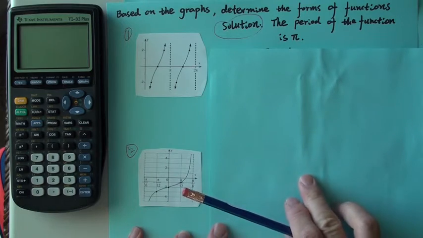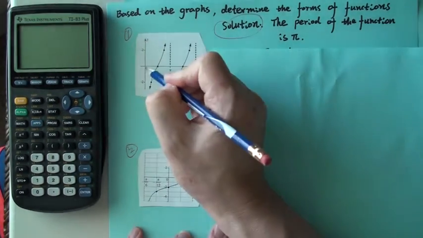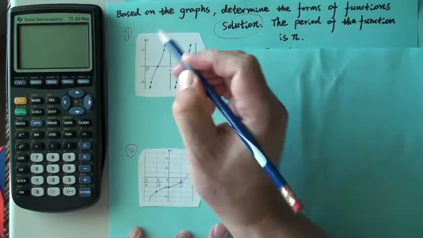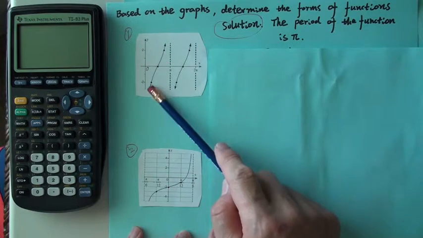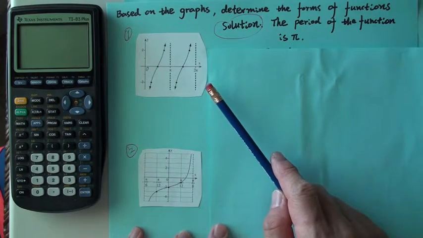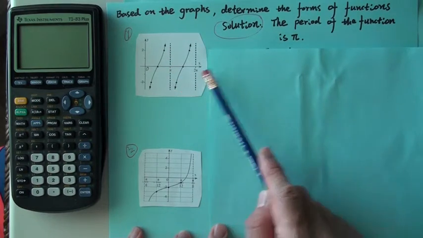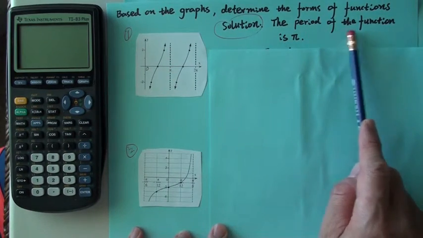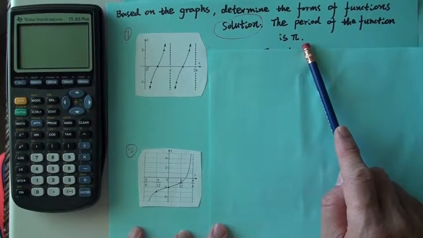Here from 0 to 2 pi, it has two periods. You see, those two are identical. And then the period will be from 0 to pi is one period. So you can see the period of the function is pi. So you may write it down.